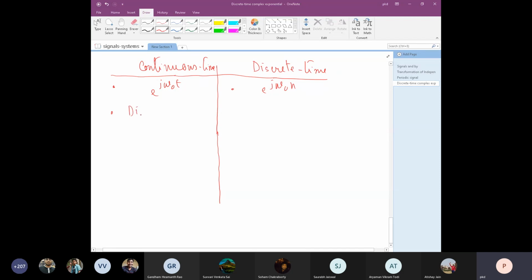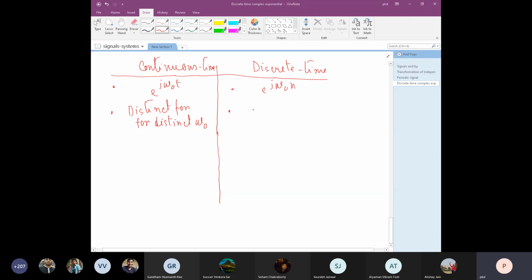So it is distinct for distinct omega naught. Okay. If it is in harmonics, of course, it will repeat itself in the original period as well. So therefore, if omega naught is distinct, then this x(t) is also distinct.